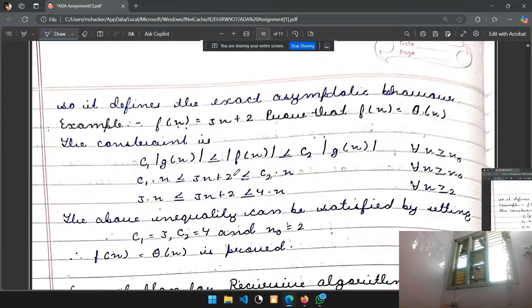How did it start? 3 is the minimum. Okay, so I found a new minimum. It's moving forward, I and minimum.